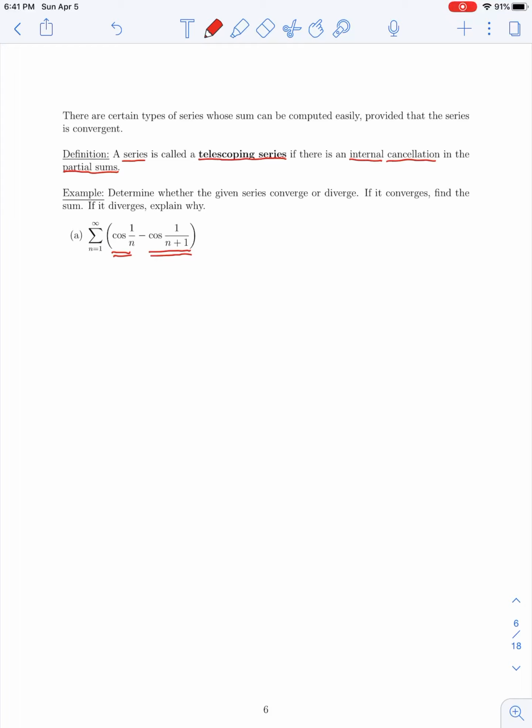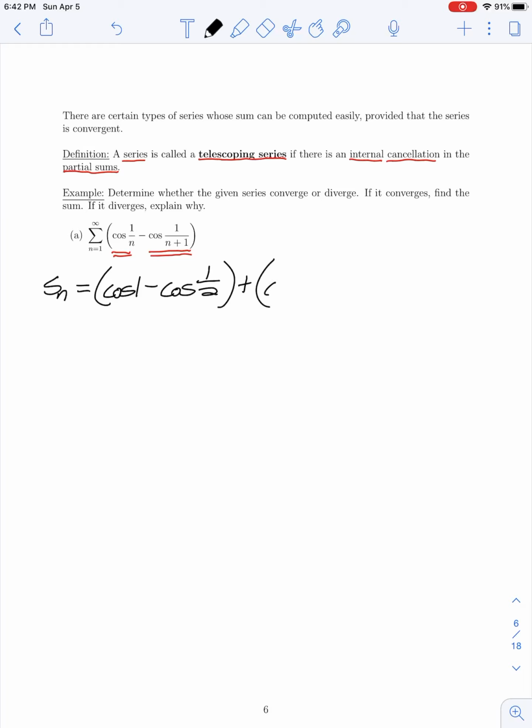So these terms appear like they might cancel one another if we start listing out the partial sums of this series. So let's start by writing an expression for the nth partial sum, so the sum of the first n terms. So here I'll start by plugging in 1 for n, and I would have cosine of 1 minus cosine of 1/2. Then we would add the next term of our series.